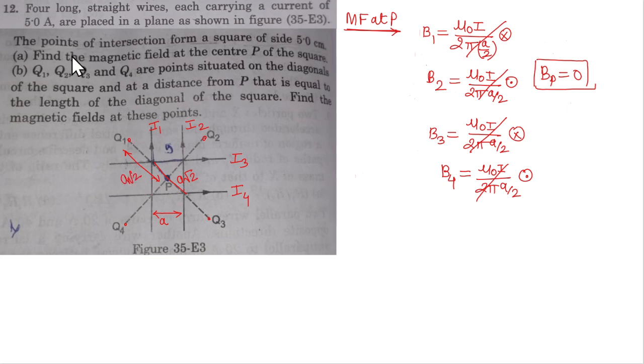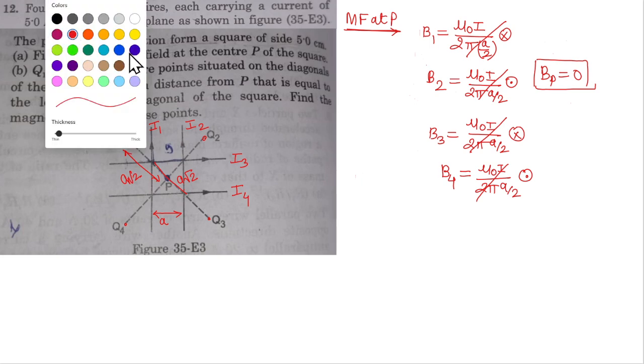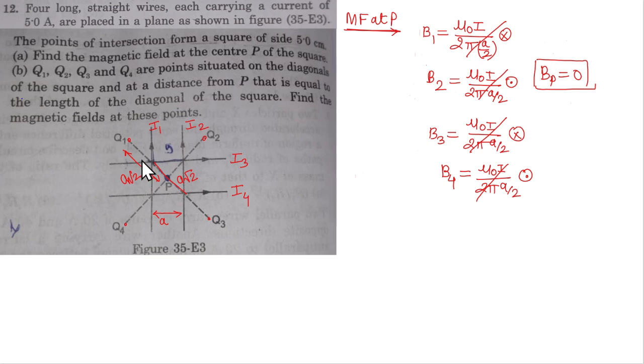But we require to find the distance of this Q1 from the current I1, that is the perpendicular distance, this blue color distance. This angle is 45 degrees, and the distance from this point of intersection, let us consider it point of intersection 1, to Q1 will be A root 2 by 2.